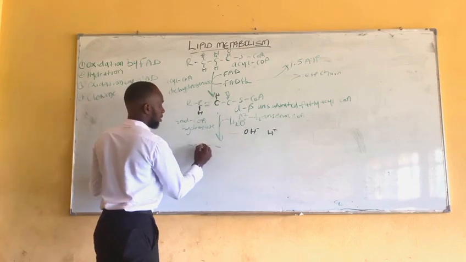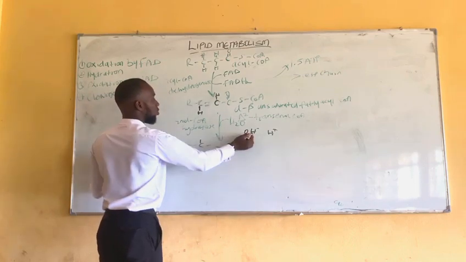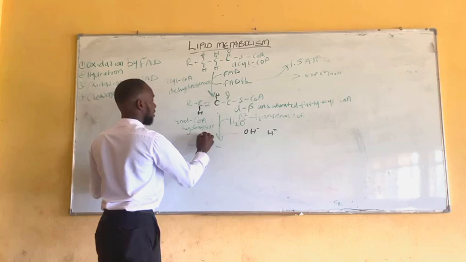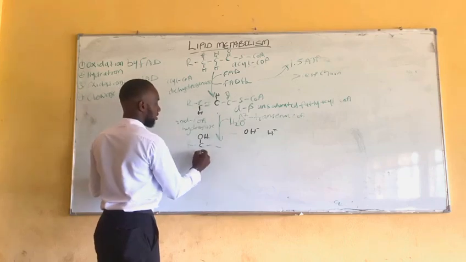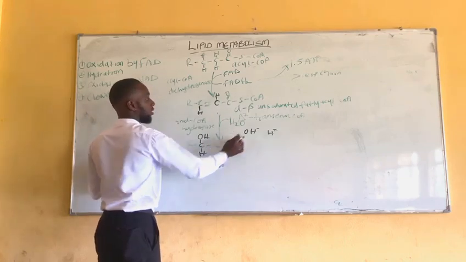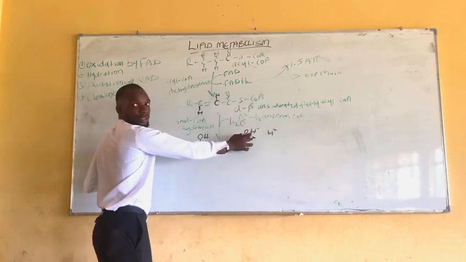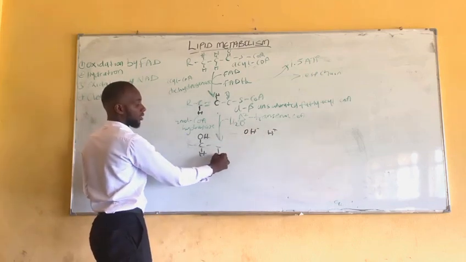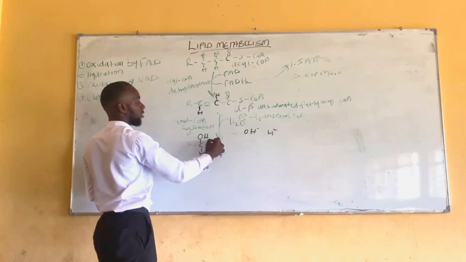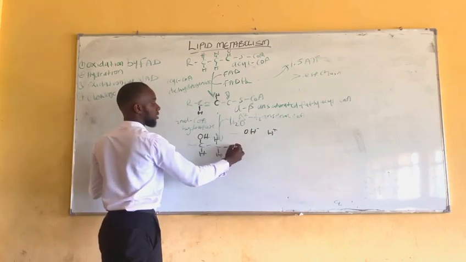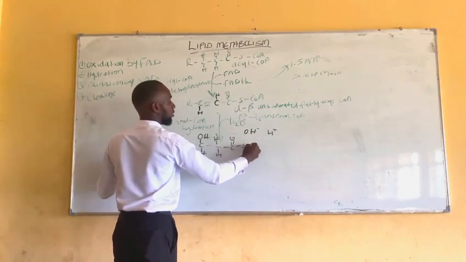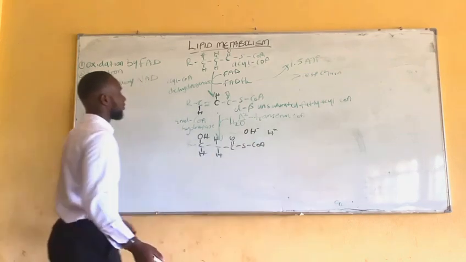Let me show you what you do. So this OH from this H2O will come here. Understand? This hydrogen here will come here. And then it's CO.